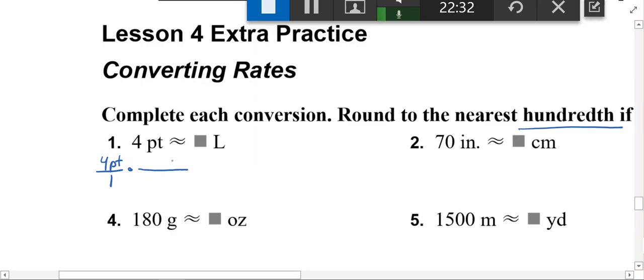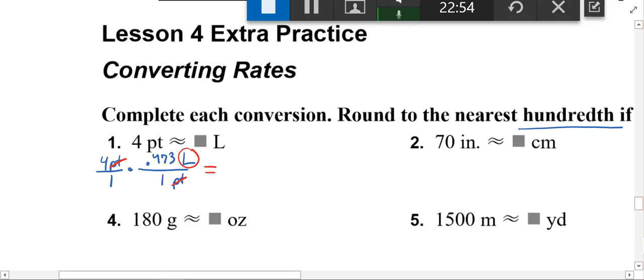We want to change pints into liters. Now it's 0.473, and that was approximately equal to 1 pint. Now, before you get started, because you can get these twisted up, you want to check the words. Pint and pint are opposite like that. They cross cancel. What do we have left over? Just a liter. So we know we're going in the right direction.